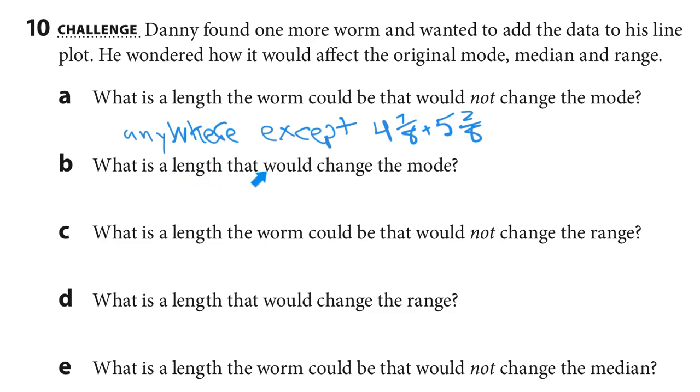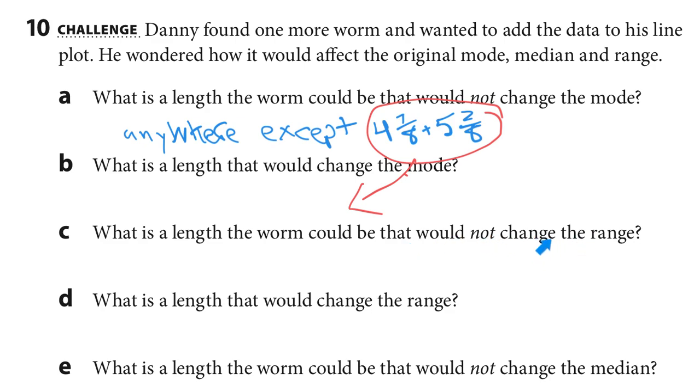What is a length that would change the mode? Well, we actually just answered that right here. What is a length the worm could be that would not change the range?